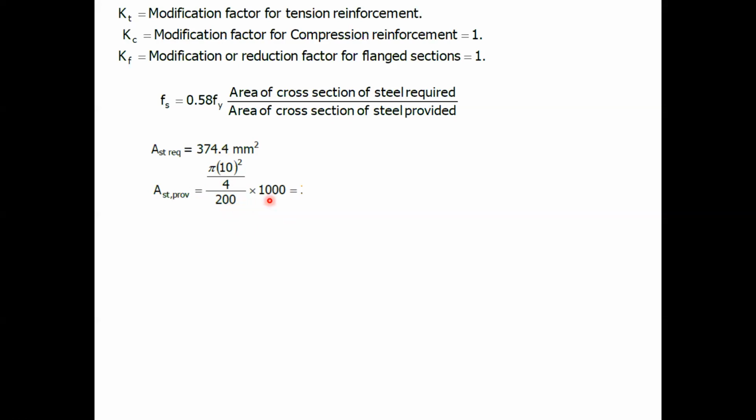So how much are you going to get for AST provided? 392.6. Okay, so you'll get 392.7 mm square.